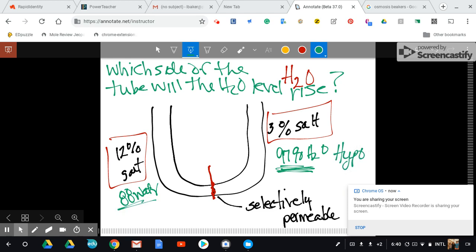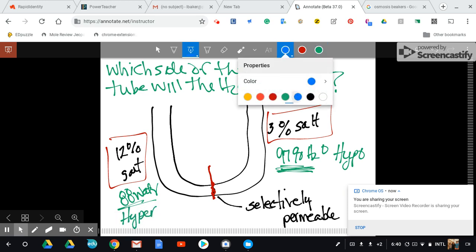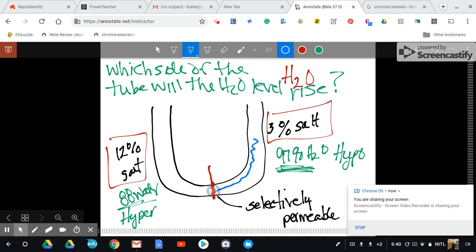This is your lower concentration of water, meaning that it's hypertonic. Water is going to flow to this side. Let's say that this is where it was to begin with. You're going to start to see, as water moves through this membrane, the amount of water goes up on this side because it's trying to reach, here's my key word, equilibrium. I hope this has helped solidify what we were talking about in class today.